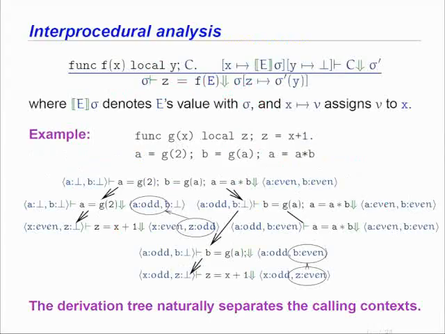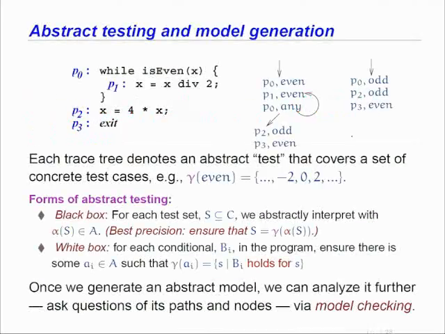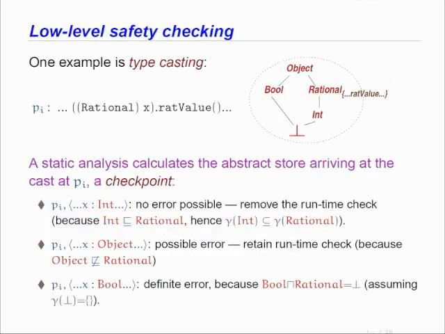And so in practice, this has worked really well with interprocedural analysis. I'll have to skip past it. And in practice, it has been used, as I said, in abstract testing. We also have that when you are doing this kind of analysis, you can do lots of low-level checking. I know there have been analyses for object-oriented programs trying to keep track of the class values associated with constructed objects.